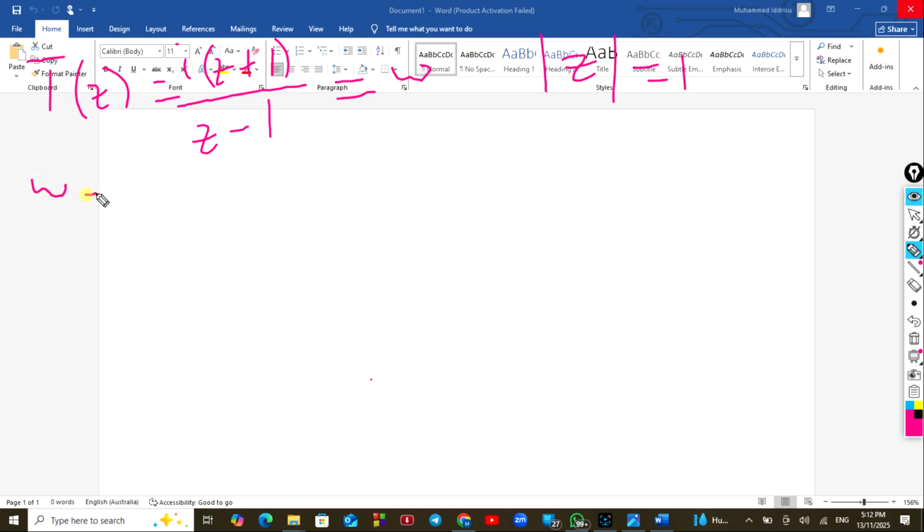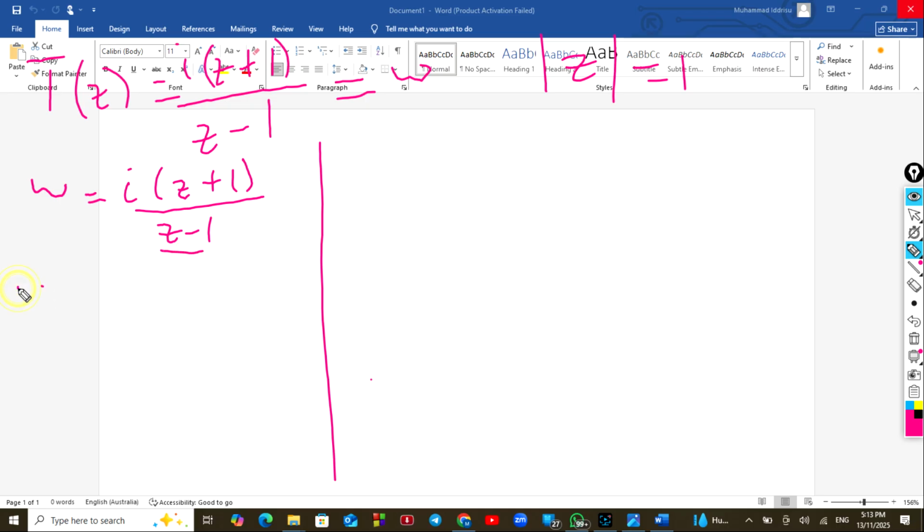So we know that w is equal to i multiplying z plus 1 all over z minus 1. So we can multiply through by z minus 1. So we have wz minus w is equal to iz plus i.